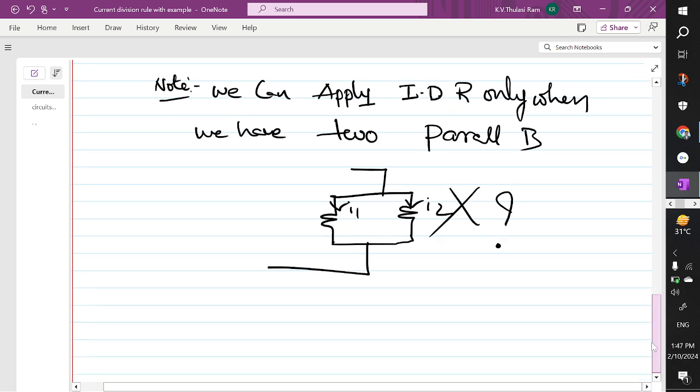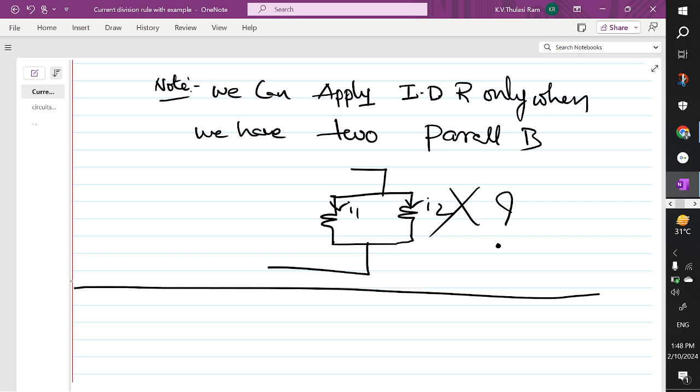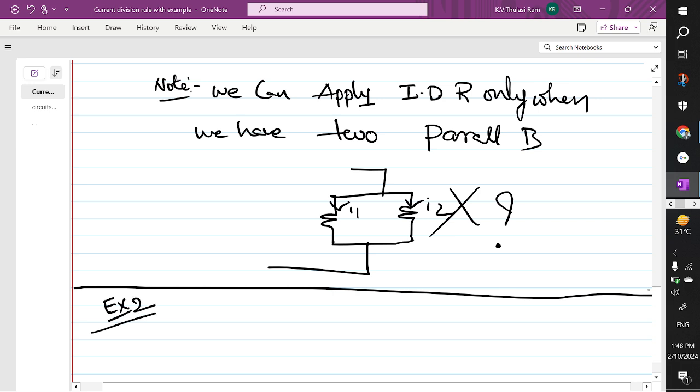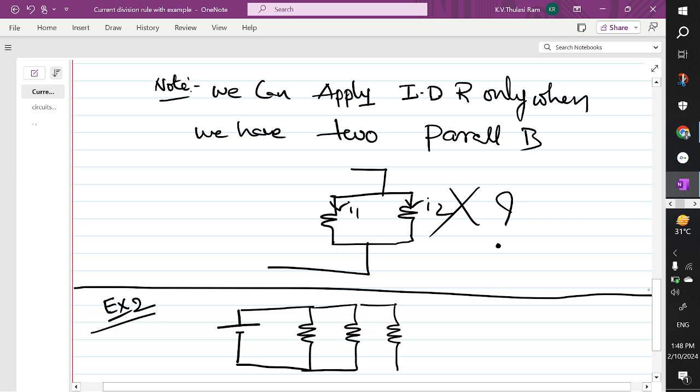Okay, there are some other methods, like the nodal method, to find these out. Let's try to solve one more problem, which comes under example 2. The question given to us is like this. They have one voltage source, one parallel resistor like this, and one more parallel resistor, and one more parallel resistor like this.